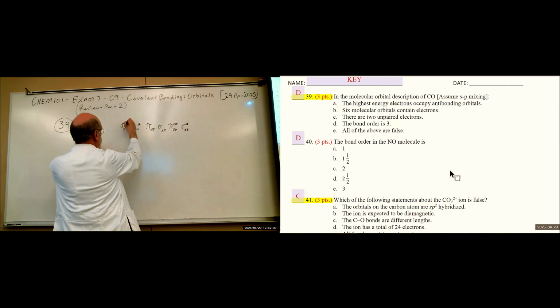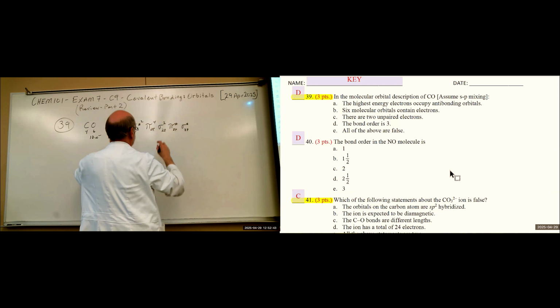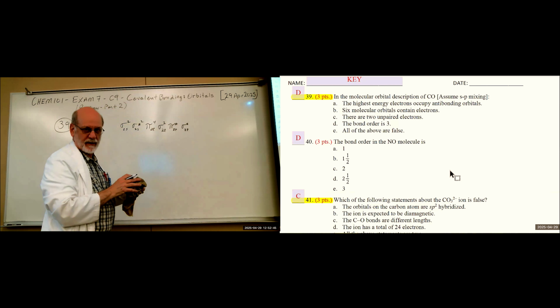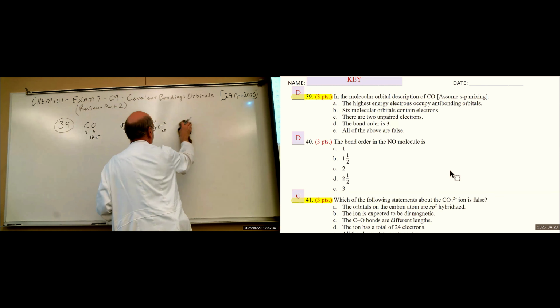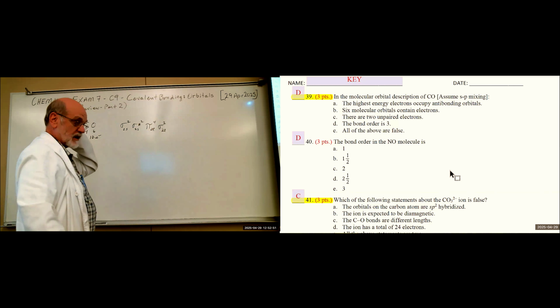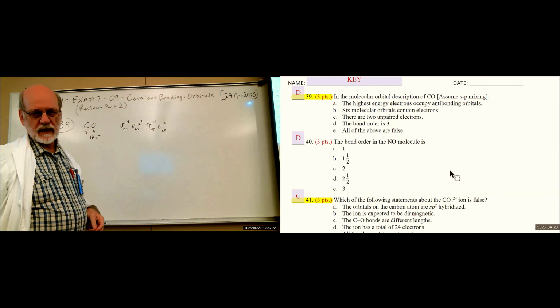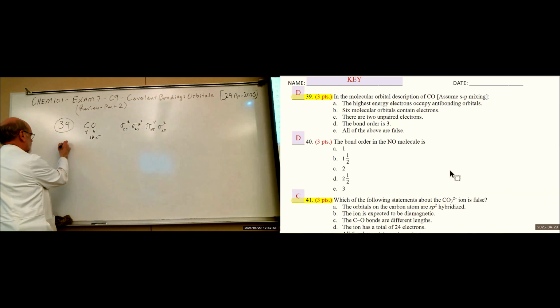So with 10, you got 2, 4, and 8, and 9, 10. Okay. So everything's paired. That means carbon monoxide is diamagnetic. But let's see. Let's take them one at a time. A, B, C, D, E.